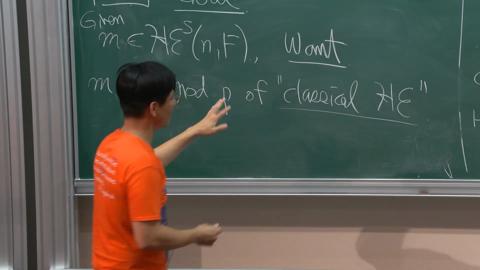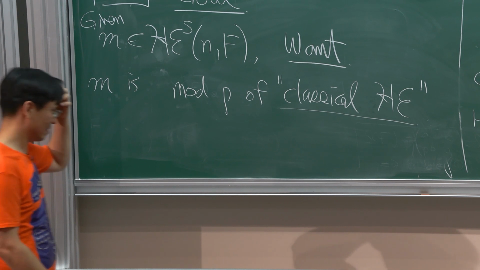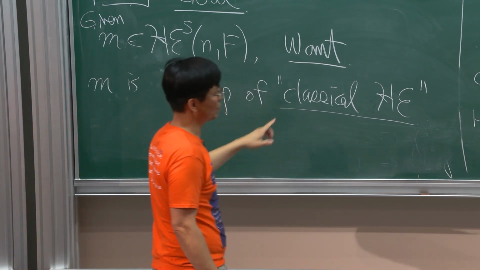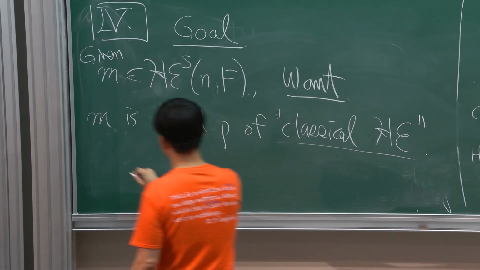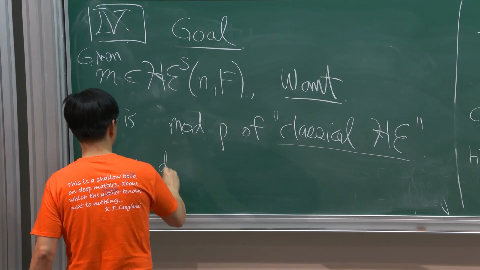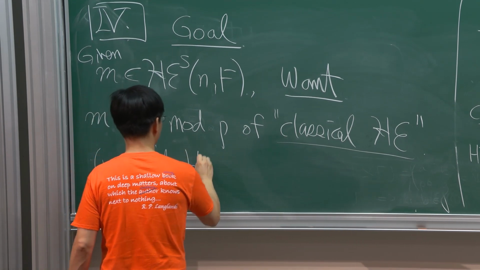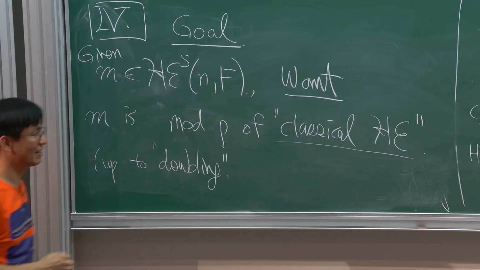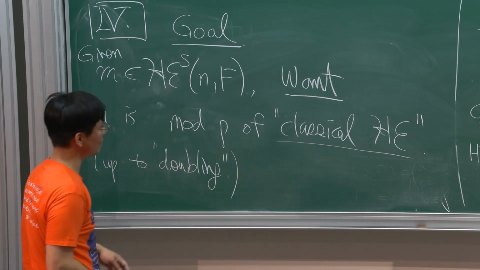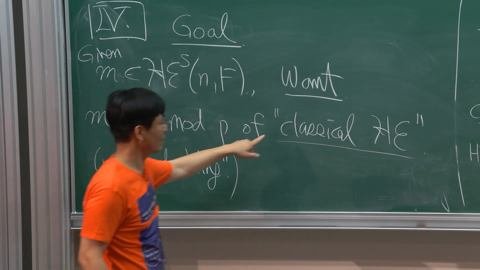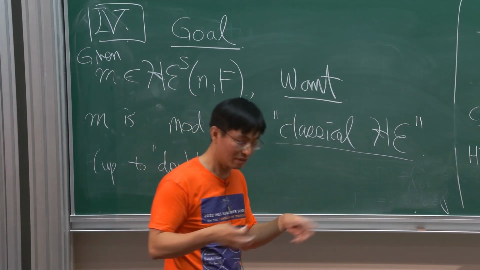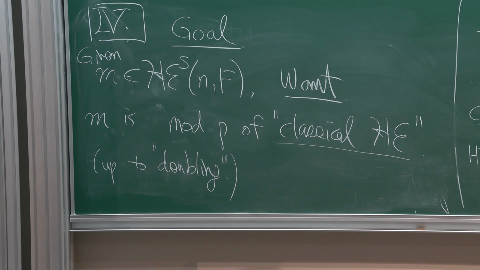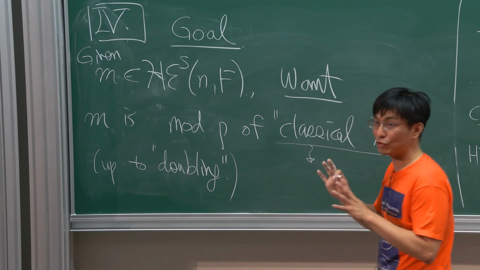But as I said, it actually is not going to work completely literally. Something like this is going to happen, but up to a doubling in some sense, and in the following sense. Well, given M, let's say I found some classical Hecke eigensystem, then it has to do with an automorphic representation of some classical group, and that's basically the self-dual case.